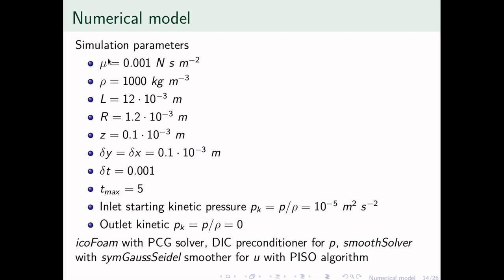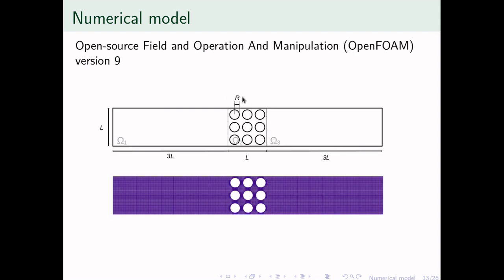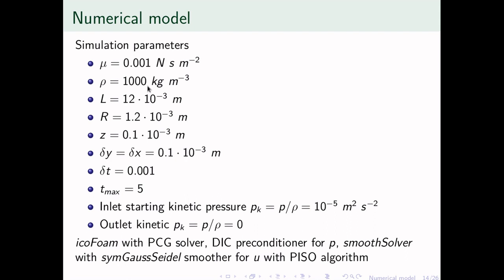We use the usual approximate density and viscosity of water at ambient temperature. We have the length of the porous media and the radius of the obstacles in the millimetric to centimeter range.